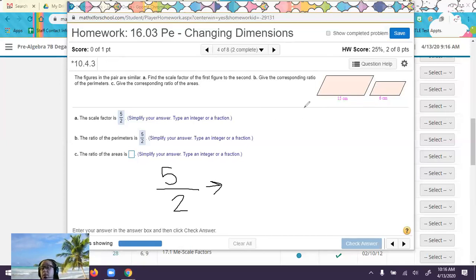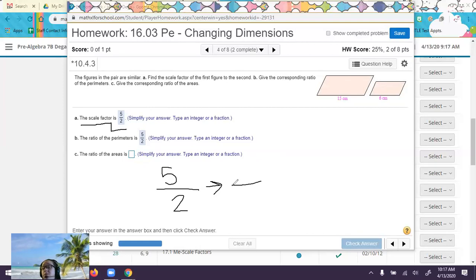So we could solve for x, totally could, but if you're given the scale factor, this is how the different figures compare, okay? For every 2 centimeters on one side, the other side is 5 centimeters. So for every scale factor, how would I get to the areas?